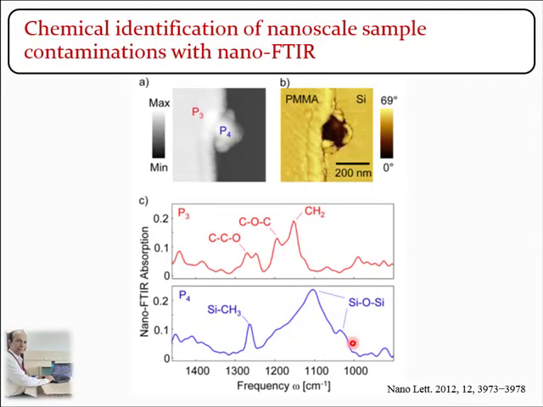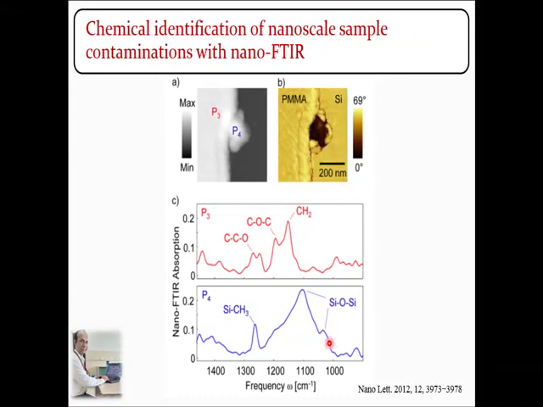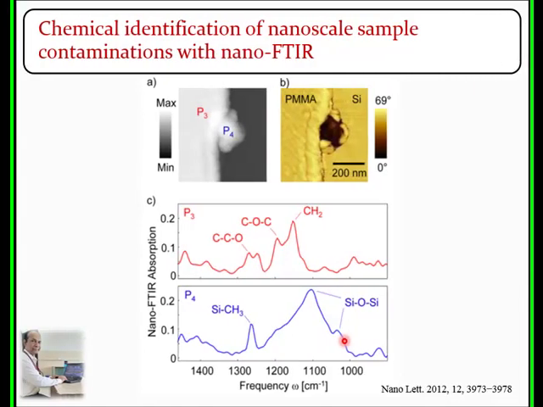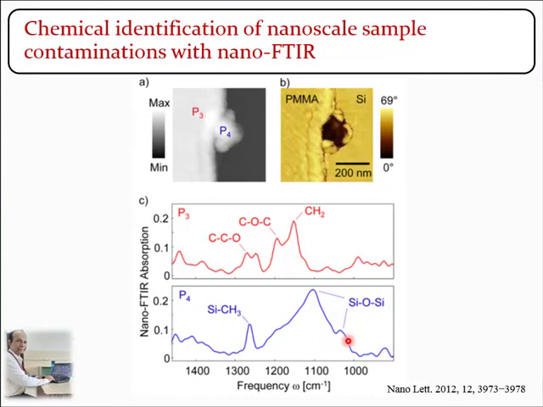So with the help of conventional FTIR from literature, we can assign the peak around 1260 centimeter inverse to the silicon methyl symmetric deformation, and the broad peak around 1100 centimeter inverse, as well as the peak around 1040 centimeter inverse, to silicon oxygen silicon, that is disiloxane asymmetric stretching bonds.